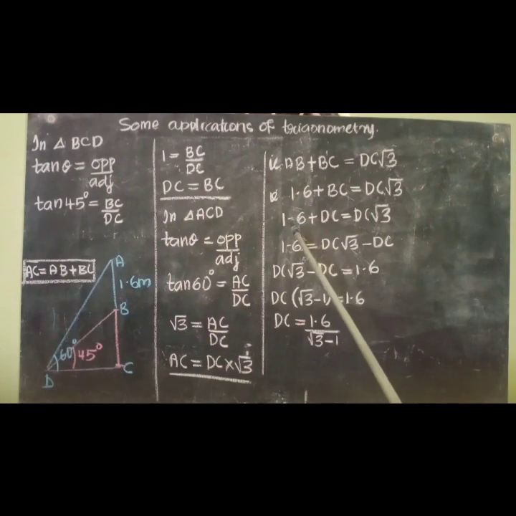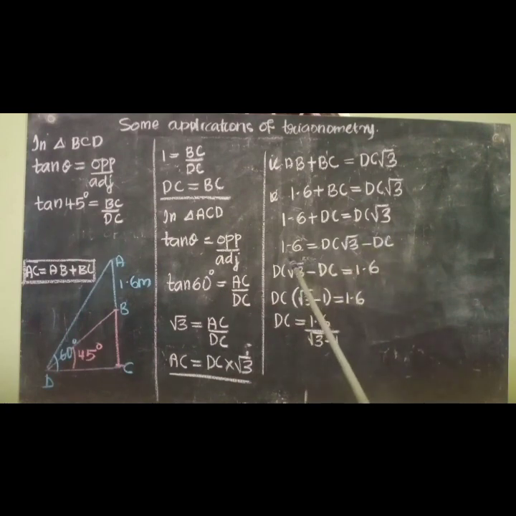That is 1.6 plus DC equal to DC root 3. Let us take this DC to right side. We get 1.6 equal to DC root 3 minus DC. Let us change the sides.